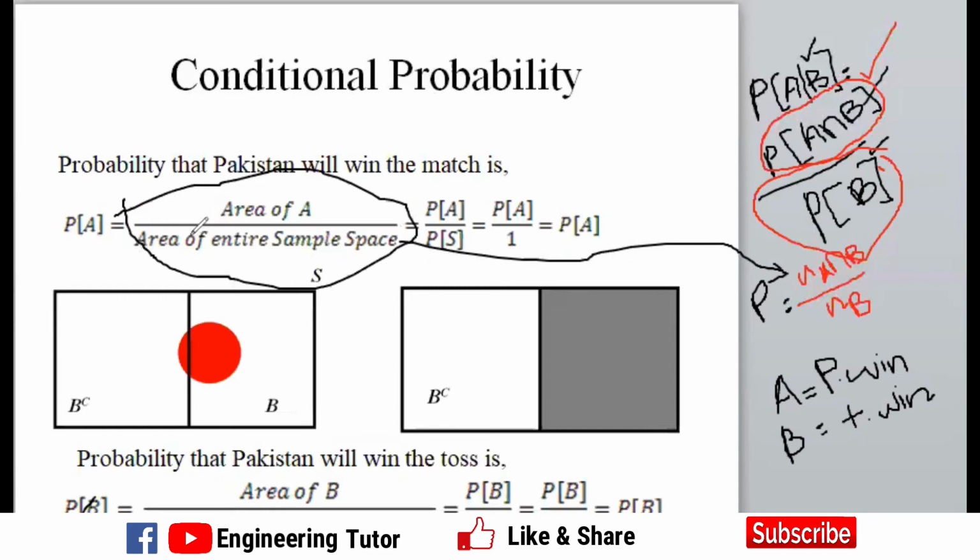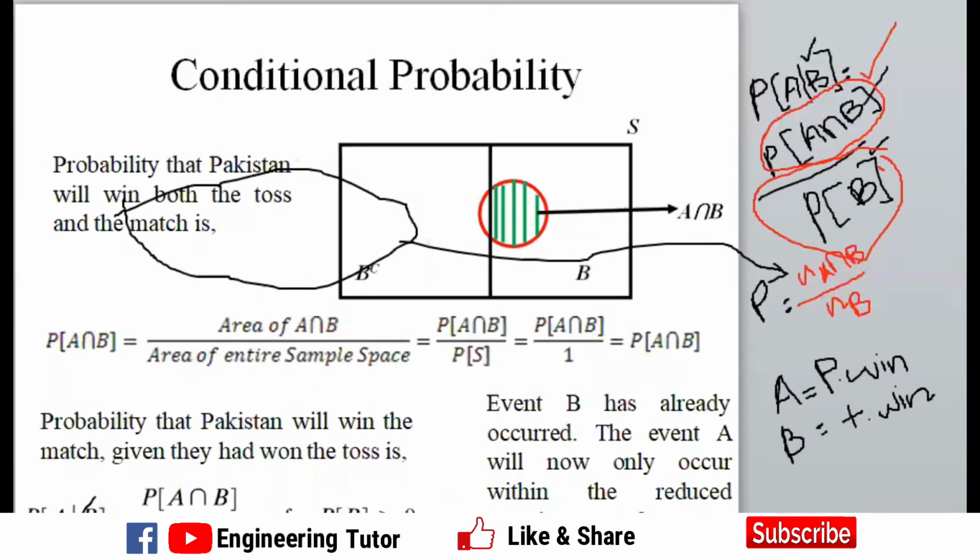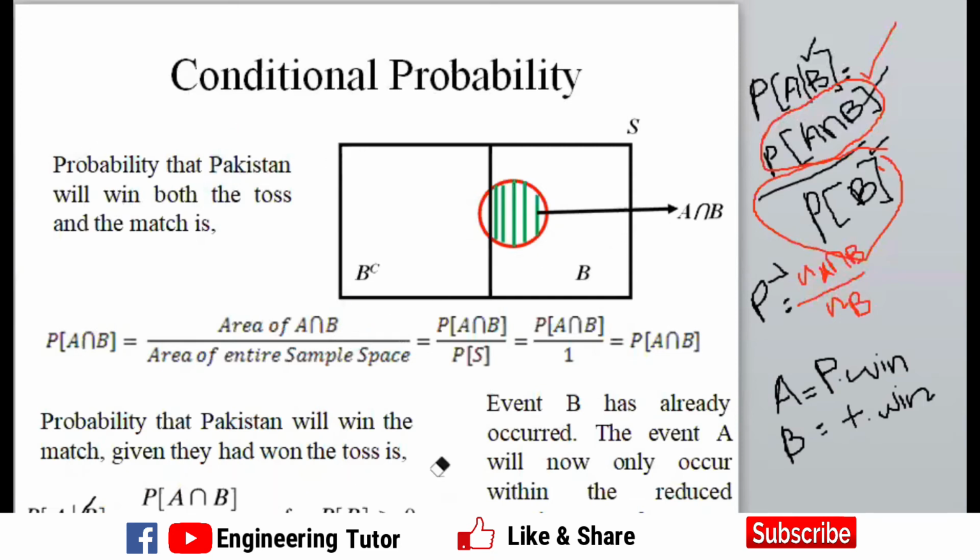So when you find the probability, you will see that the probability of A will be equal to the probability of B. In this case we have discussed these Venn diagrams in your class. But you can see now that from all these questions you can find the probability of A given B by this formula. For example, the probability that Pakistan will win the match given that they have won the toss. Event B has already occurred.